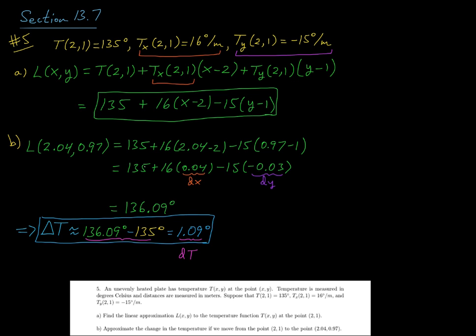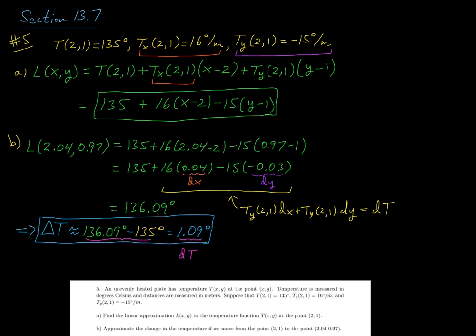And so then what's the 135? Remember, that was just the base temperature here, and what we wound up doing is just subtracting the two. So what is this thing here in total? That is just our T_x at (2,1) dx plus our T_y at (2,1) dy, and this really was by definition the differential change in the temperature.